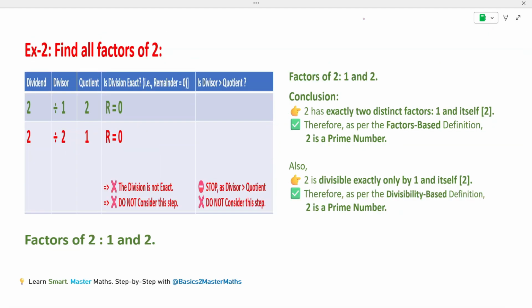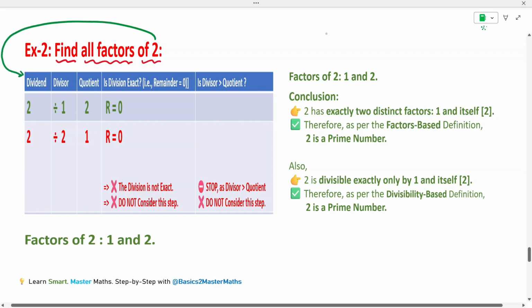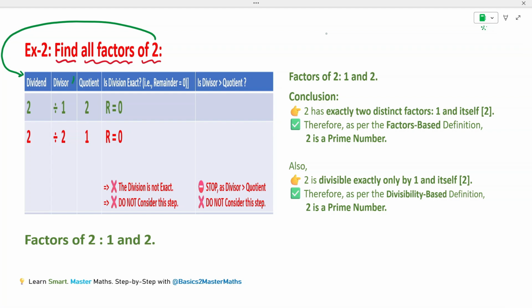Example 2. Find all factors of 2. As per the rule, treat the given number as the dividend. Then start dividing the given number by natural numbers beginning from 1.